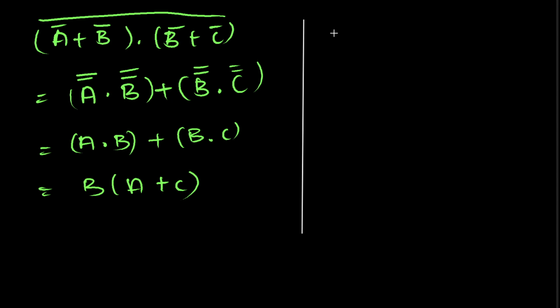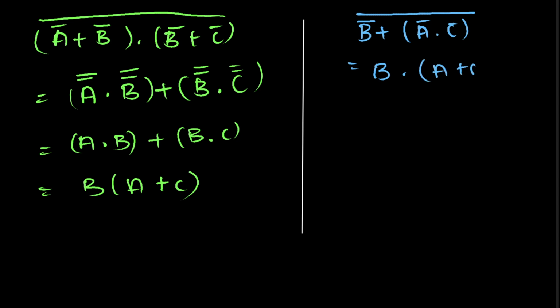If I am taking b common in here itself, what will my answer be? b bar plus a bar into c bar, whole bar, right? So what I can write, I will split b into a plus c, that's all. And here is my answer in one step. This is the way you can solve easy problems.